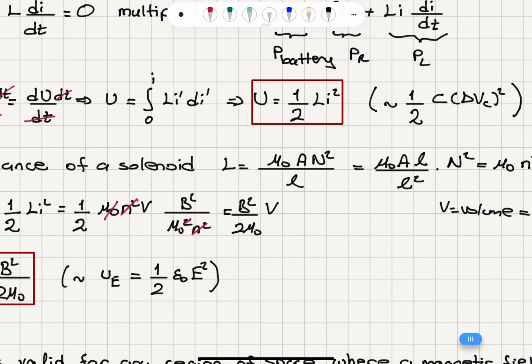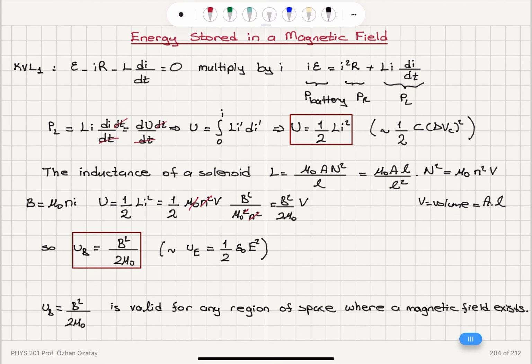Now I recall the inductance of a solenoid, which is mu0 times cross-sectional area A, number of turns squared, divided by the length, which is mu0 n squared, where n is the number of turns per unit length, multiplied by the volume. The magnetic field inside a solenoid is approximately uniform. It's mu0 times the permeability of free space times the number of turns per unit length times current, mu0 nI.